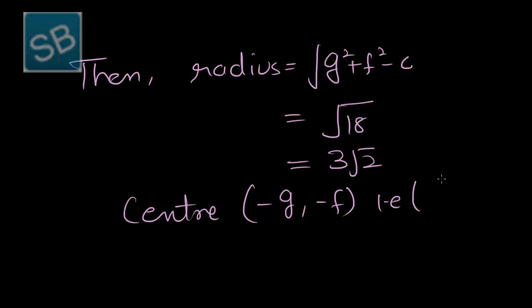We have g as minus 1, so it becomes 1, and coefficient f as 3, so it becomes minus 3. So this is the radius and center of the given circle.